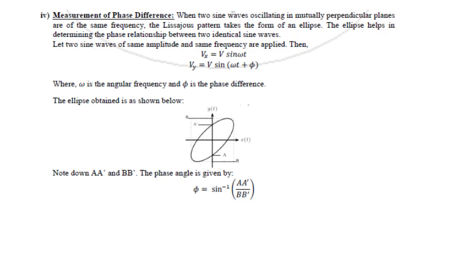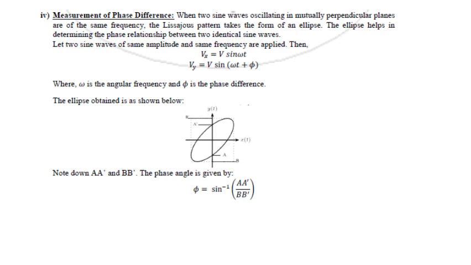Now, if you note down A prime and B prime, where it is cutting the x and y axis, BB prime is there and AA prime is there.